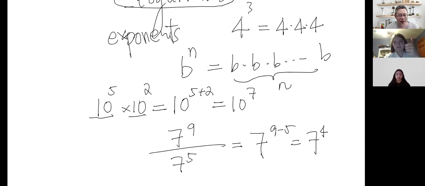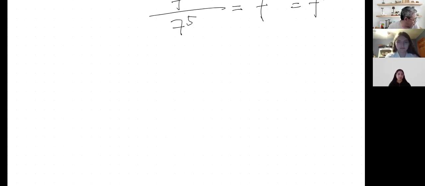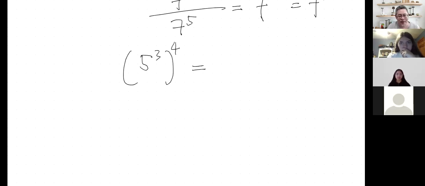Now, if we have something like a parenthesis, say 5 to the third power, to the fourth power, in this case 3 times 4, we get 5 to the 12th power. Yep, are we good on that?